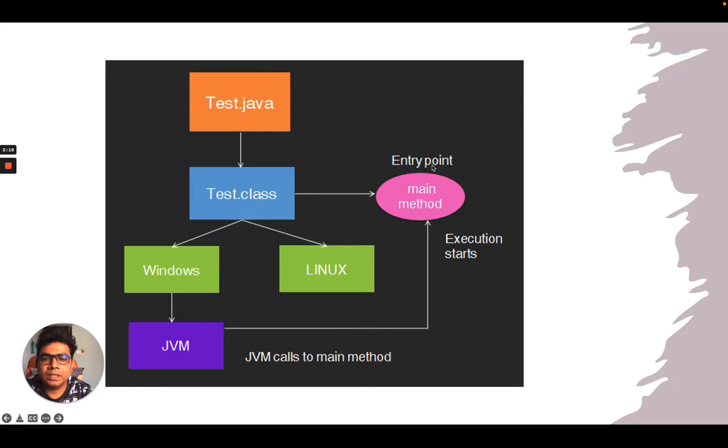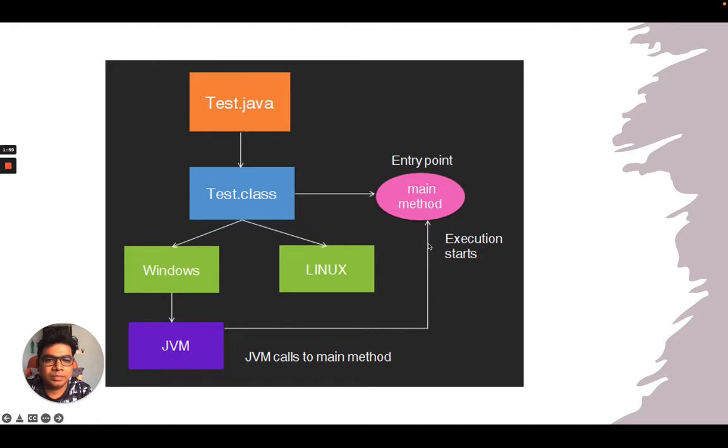Now, whenever any program in Java is written and we compile it with javac, it gets converted into a class file, and the class file then gets executed by the JVM. The JVM calls the main method of the given class and executes it.